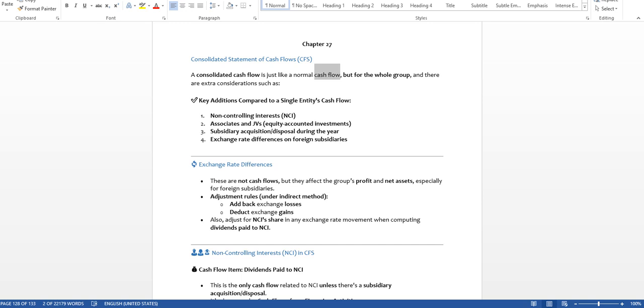Everything in your income statement is for operating activity: your revenue, your expenses, and your direct costs. Now, from your statement of financial position, we also make use of your current assets and your current liabilities for your operating activities.